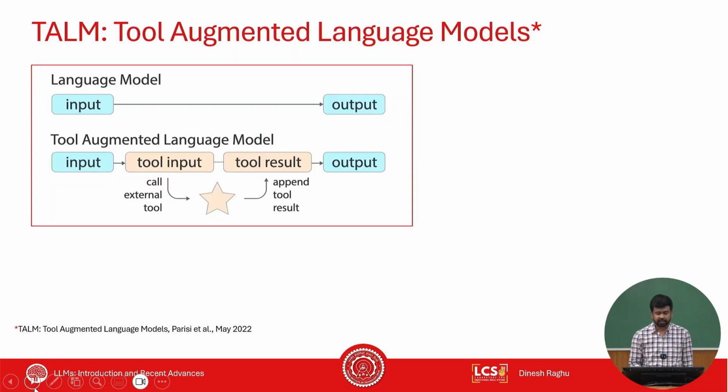So the next work that we're going to talk about is tool augmented language models. What they did here is that they just took the abstract idea in the GSM 8K verifier paper, and they said that look, I'm going to have certain special tokens in my LLM vocabulary for response generation.